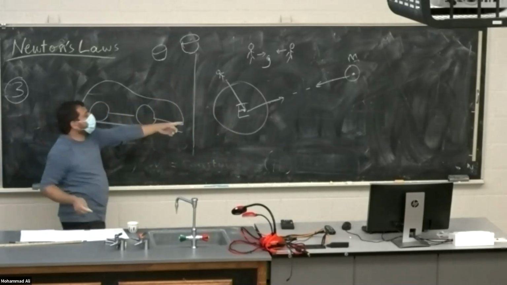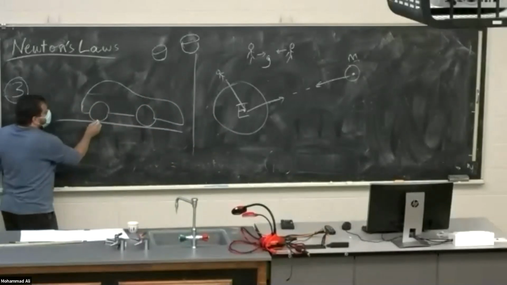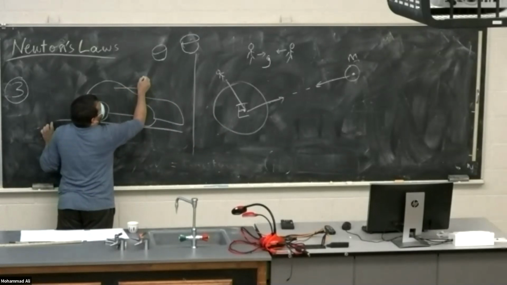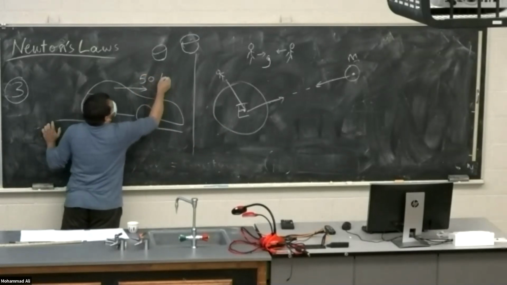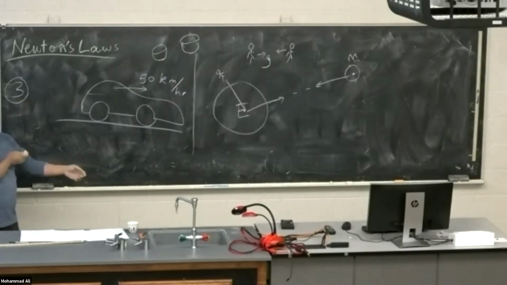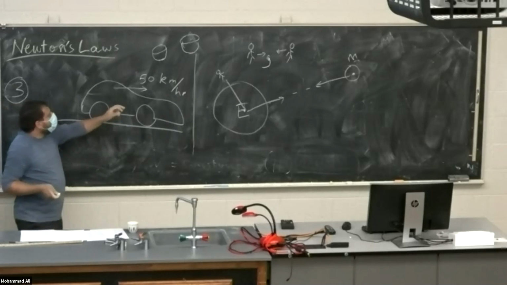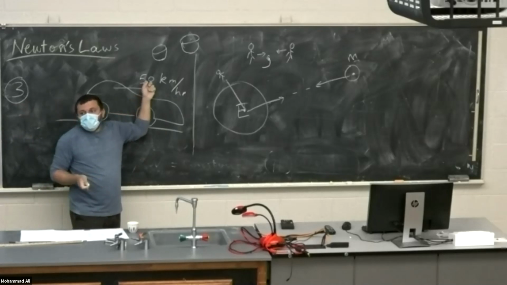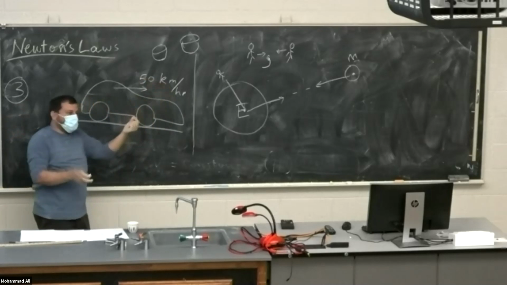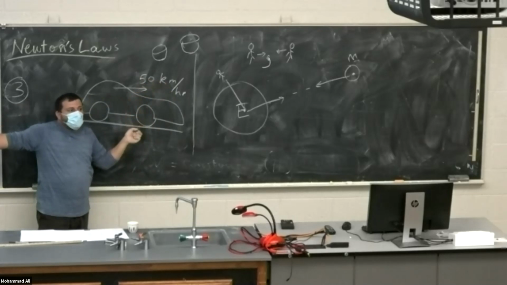This is not a contact force. Also, we have contact forces. In the car, if the velocity of the car is 50 kilometers per hour, that is because there is a part in the car moving at the same velocity but in the opposite direction. Do you know that? Who can tell me where that piece is?